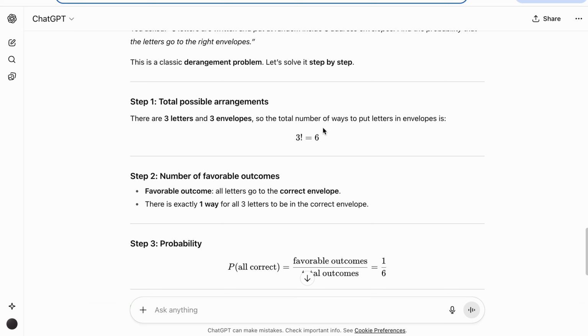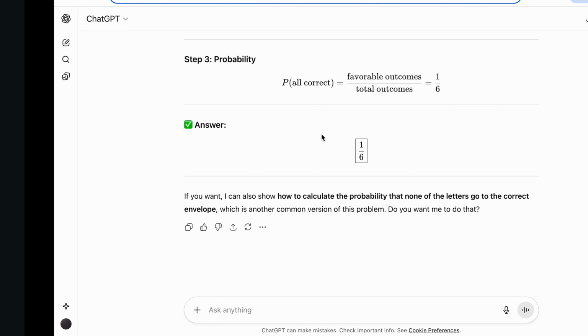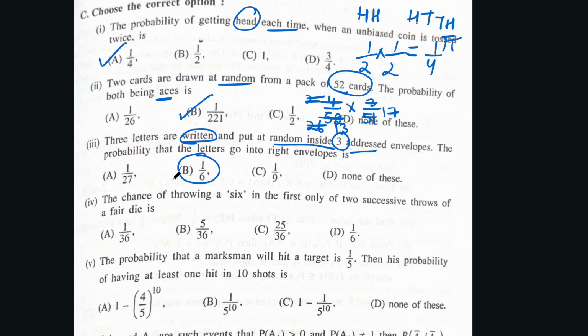So this is my total number of cases. Okay, wow, okay. Okay, this makes sense right now.